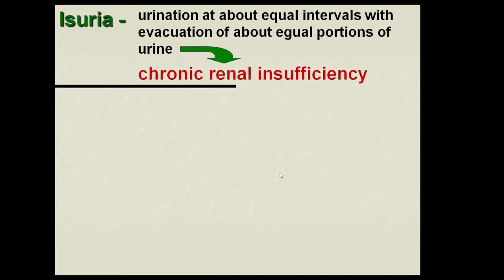Isuria is a result of renal insufficiency, because a normal kidney controls the amount of urine, which is tightly correlated with liquid intake. When this control of urination is disturbed, we are talking about renal insufficiency or renal failure.